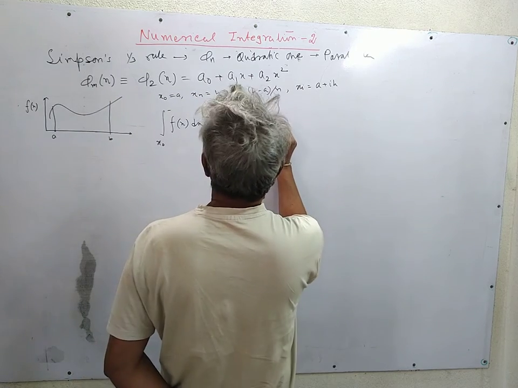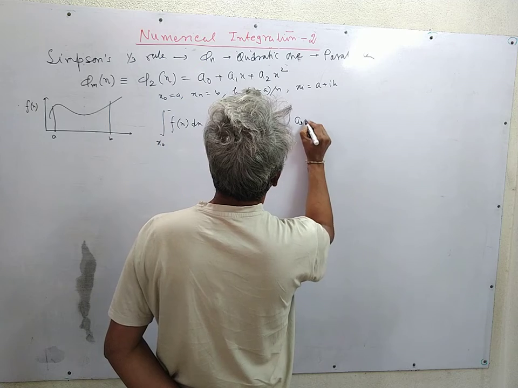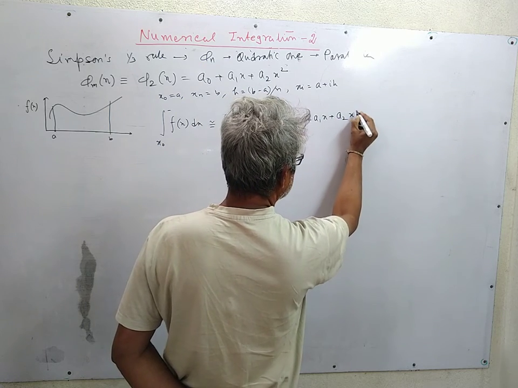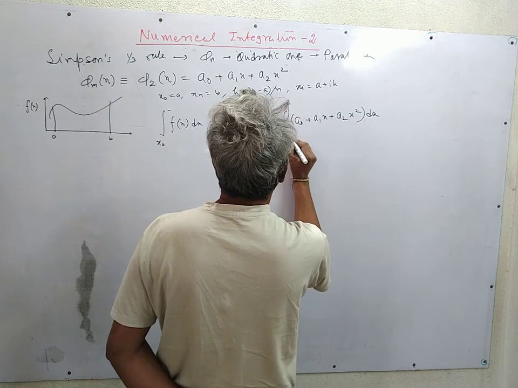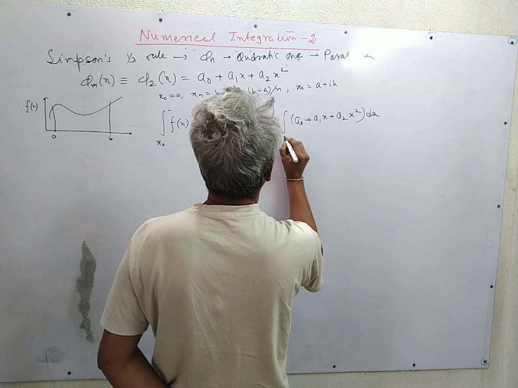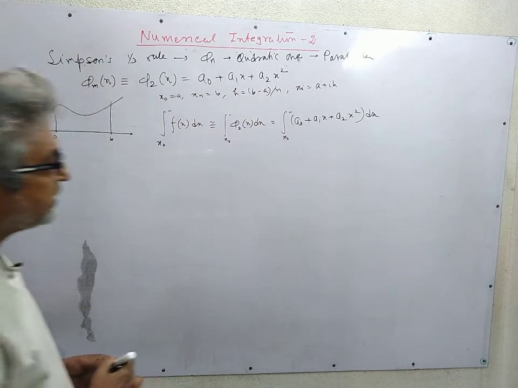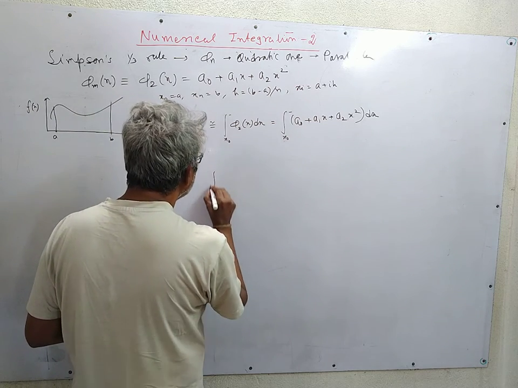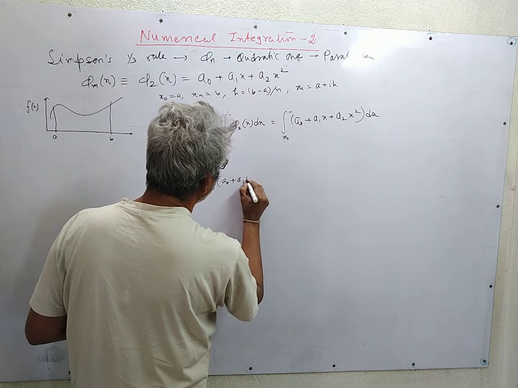Now we write it as a0 plus a1x plus a2x square dx integrated from x0 to some value.